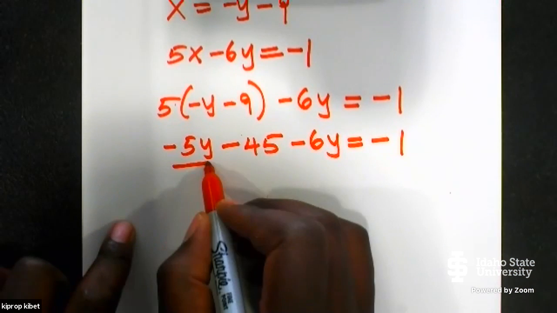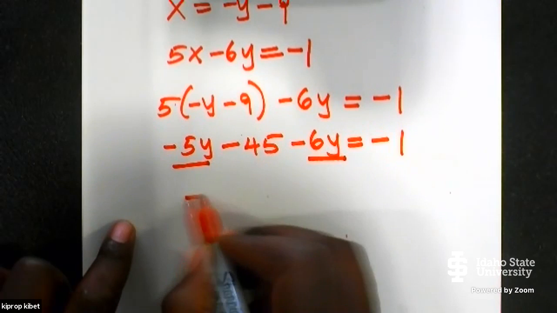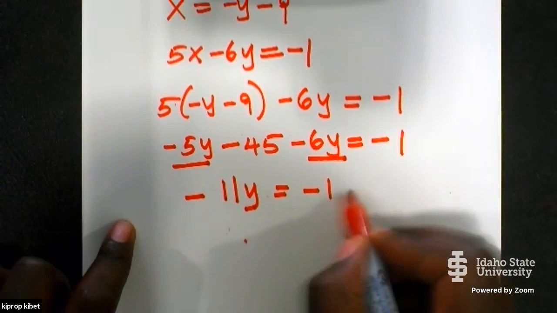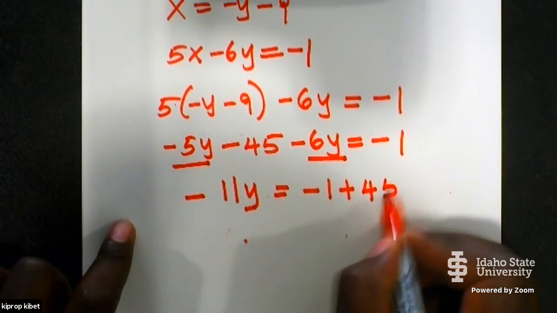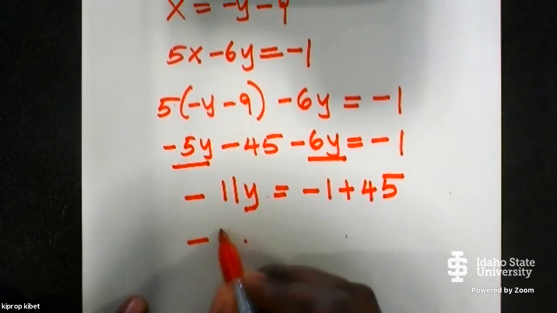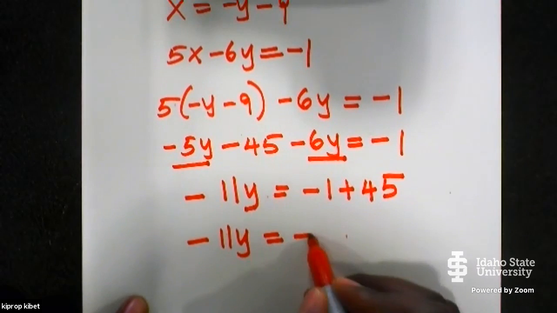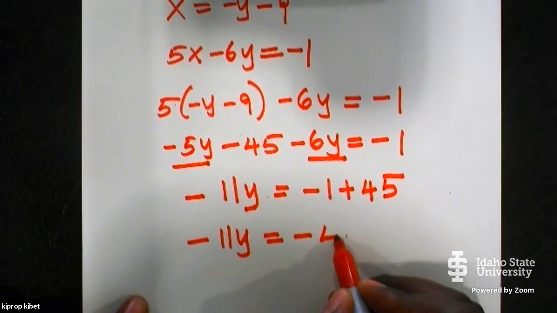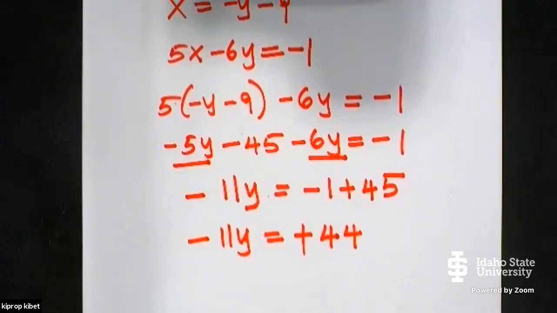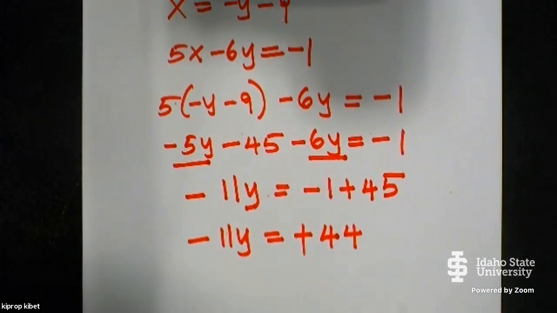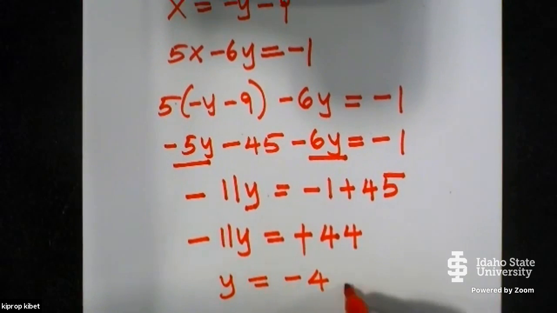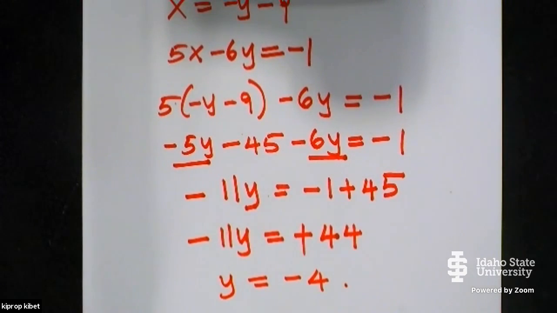So minus 5 minus 6 is minus 11y equals minus 1 plus 45. So y will be equal to negative 4.